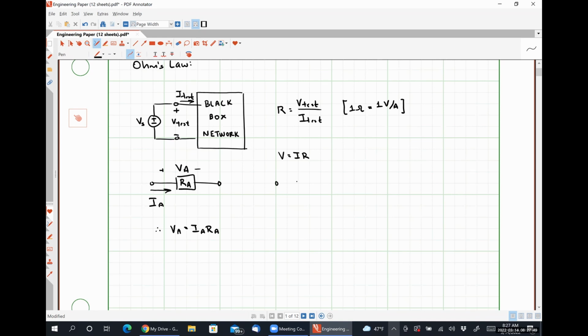And if I have the opposite case, where I have some resistance RA, here's my voltage drop VA, and my current is flowing in the opposite direction so that it's flowing into the negative polarity terminal and out to the positive polarity terminal, then VA is equal to negative IA times RA. The reason why this has to be true is because a resistor is incapable of storing energy.